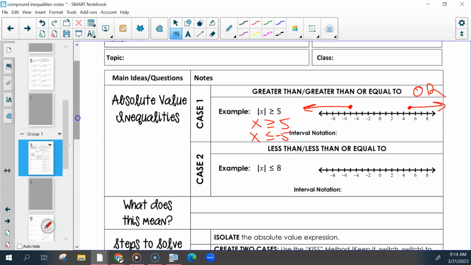So this would start at negative infinity, go to -5, be a bracket, or start at 5, bracket, go to infinity. And then you can probably guess what happens with the other one. It's the opposite.